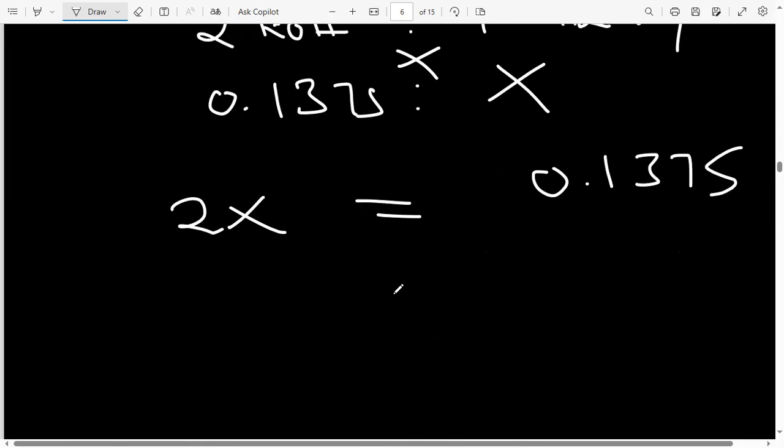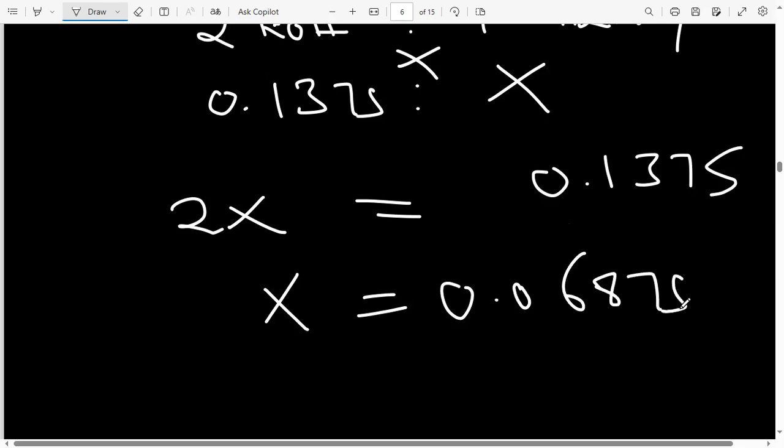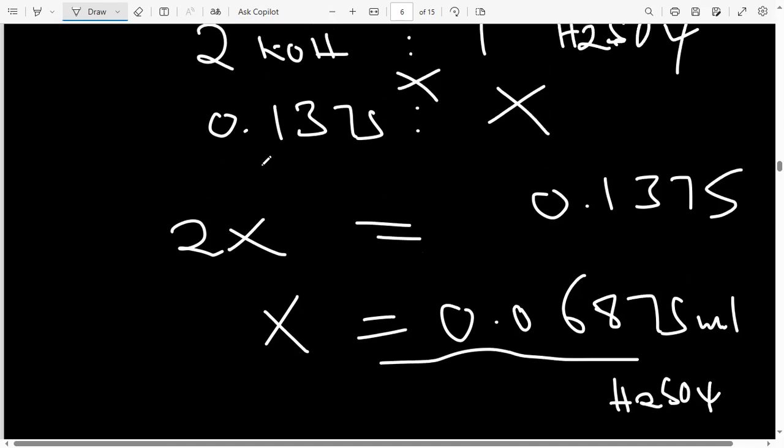Okay, so X will be equal to, if I divide both sides by 2, I'm going to get 0.06875 moles. So these are the moles of hydrochloric acid that reacted with the 0.137 moles of potassium hydroxide. Okay, so these are the moles that reacted.